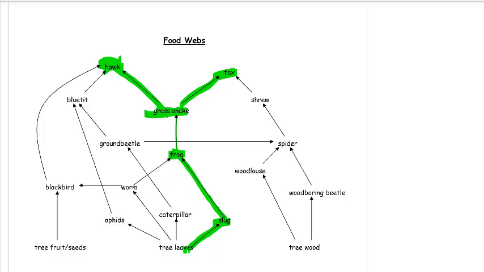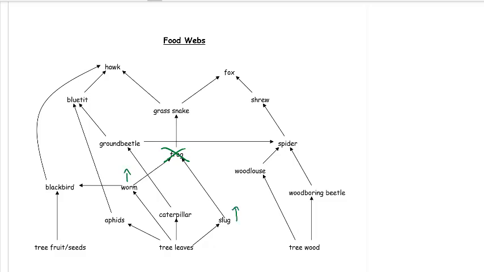So for example, imagine a forest where all the frogs die out. What would happen to the other organisms? Well, what might happen is there might be more worms than usual because there's no frogs to eat them. There might be more slugs than normal because again there's no frogs to eat them and nothing else eats the slug.